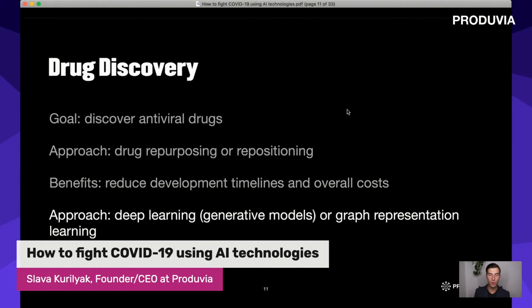The approach here, why we are able to use AI, is because we want to discover the drug, and there are several algorithms that are able to help us on this path. The first is being able to use deep learning. Sometimes the models that are very effective at figuring out which drugs are effective are generative models, where the model aims to create a new relationship between a specific chemical, a specific effect on the body, and the drug itself.